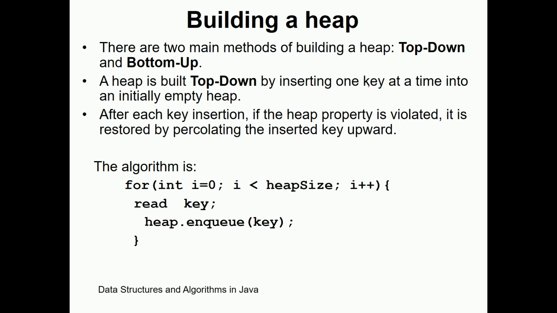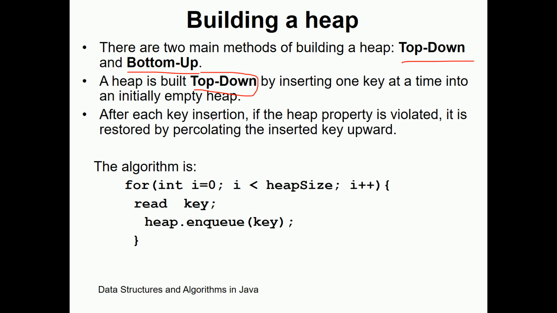Now the way we insert, we build the queue, this kind of heap, there are two ways to do that. Either you build it top down or bottom up. Different ways of doing that. So in a top down, at the first time when it's empty, we always insert top down, because there's only one, so we just insert the first one.